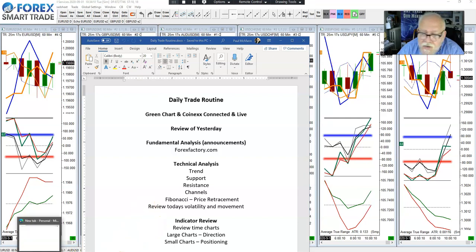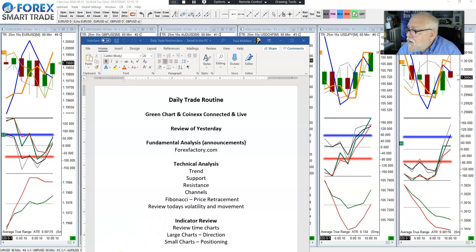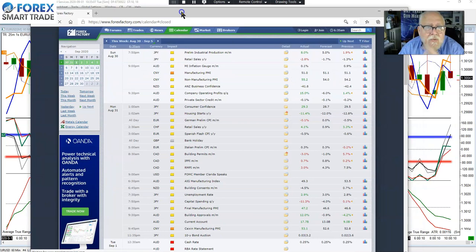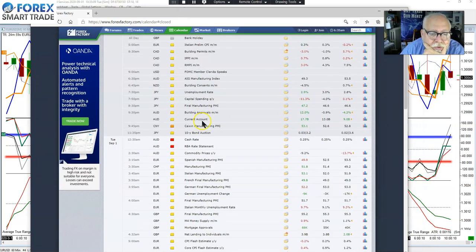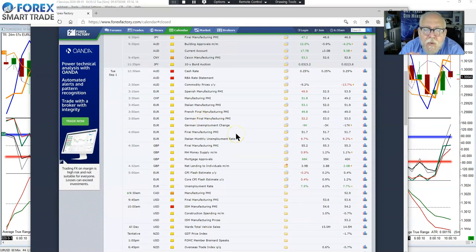As you can see, I haven't traded yet this morning because I haven't opened up Forex Factory. Let's get this up. As we are technical traders, we want to stay out of currency pairs when there's going to be news-related items, because the news item is going to impact the currency pair.